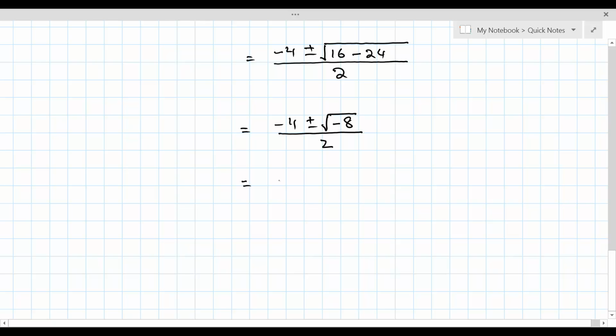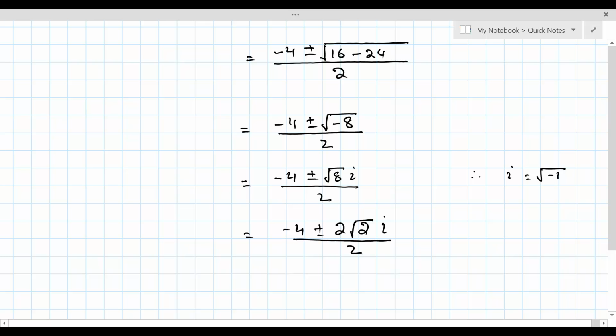But if we want to find those complex or imaginary numbers, we will complete the procedure like this: under root 8 iota, because iota is the imaginary number equal to under root minus 1, divided by 2, and this is equal to negative 4 plus minus 2 into under root 2 iota divided by 2.